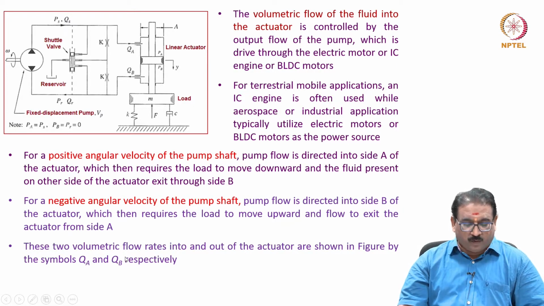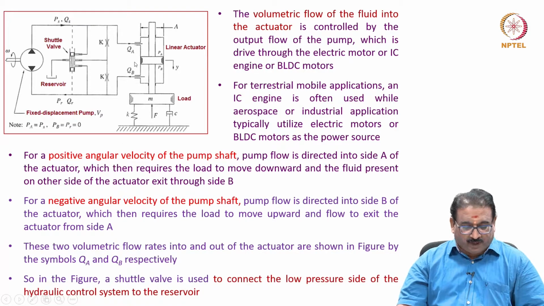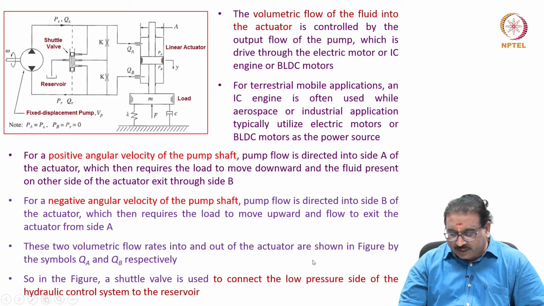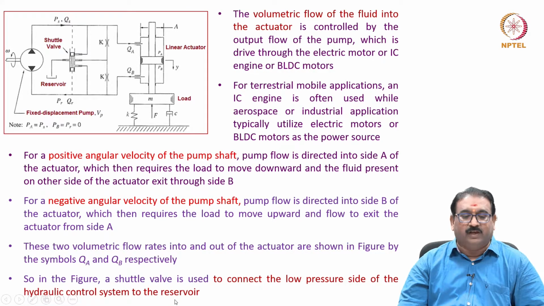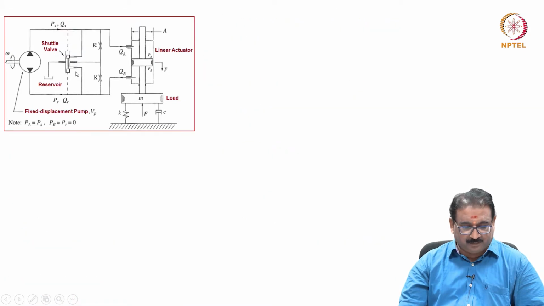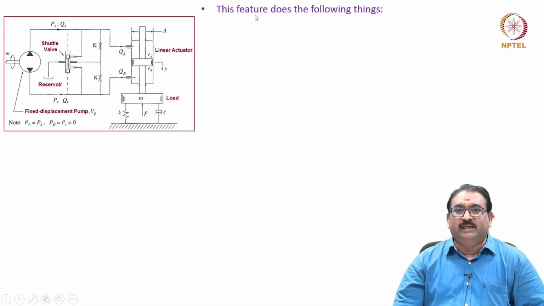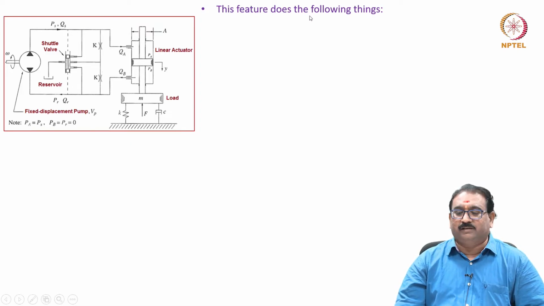These two volumetric flow rates into and out of the actuator are shown in the figure by the symbols QA and QB respectively. In the figure, you will see here friends, a shuttle valve is used to connect the low pressure side of the hydraulic control system to the reservoir. This feature does the following things.